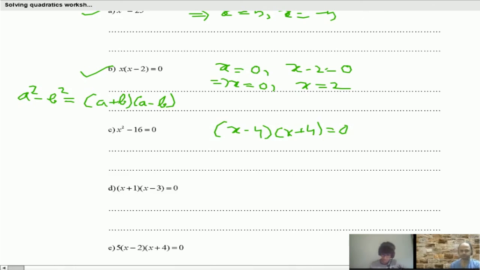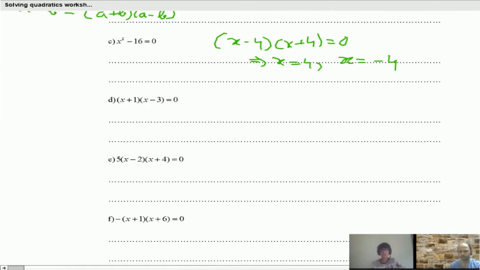It can either be 4 or minus 4. Yes. So if we apply null factor law, x minus 4 has to be 0, which would give us x equals to 4. If we apply null factor law here, x should be equal to minus 4. True.